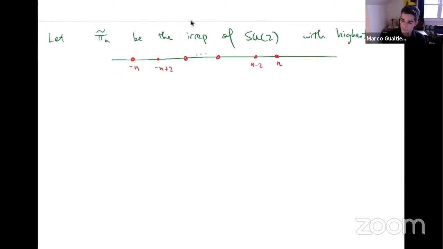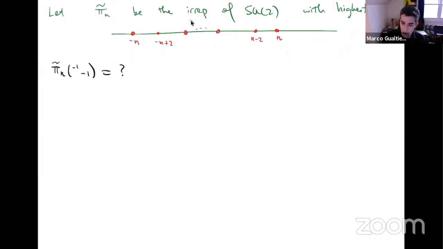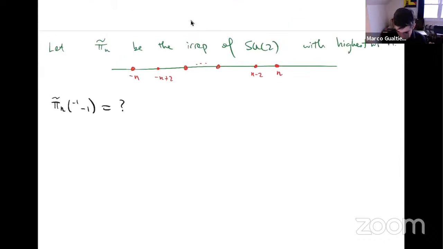Okay, and then we're going to check. So I want to figure out what pi n tilde of minus 1 is. That's what I would like to figure out. So how can I figure this out? Well, I'll use a nice little trick.